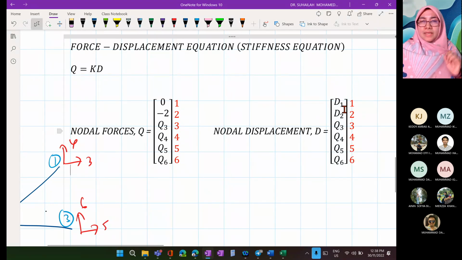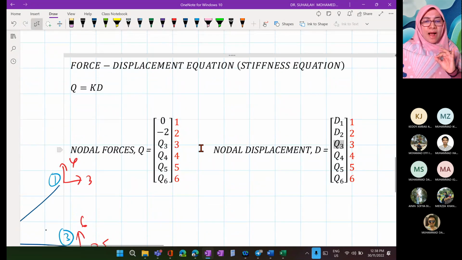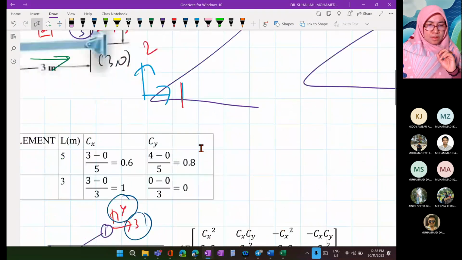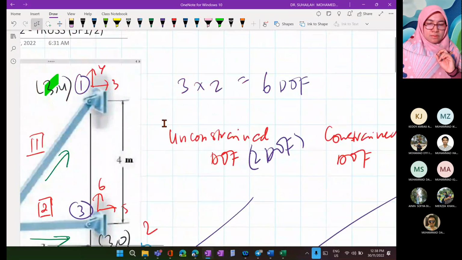So what happened to displacement at position 3, 4, 5, 6? What is the displacement value?